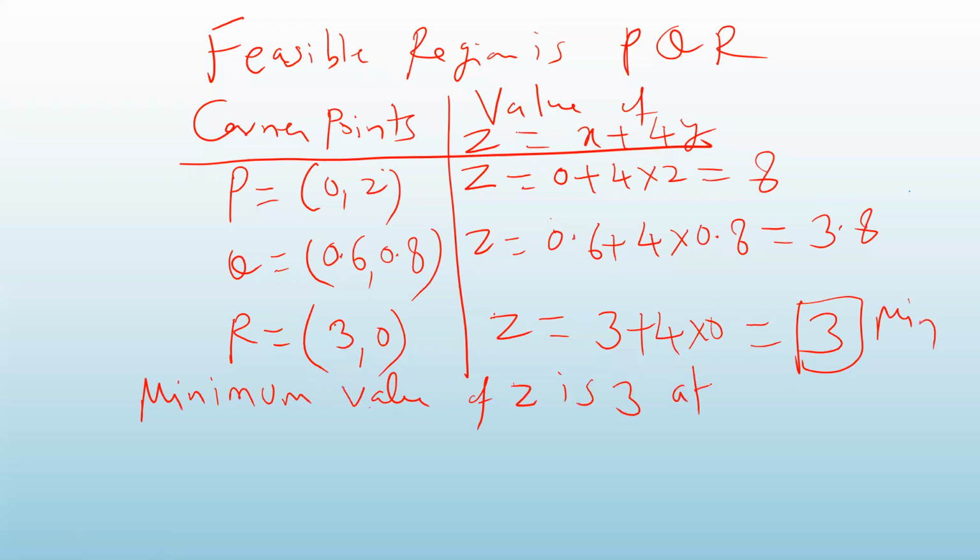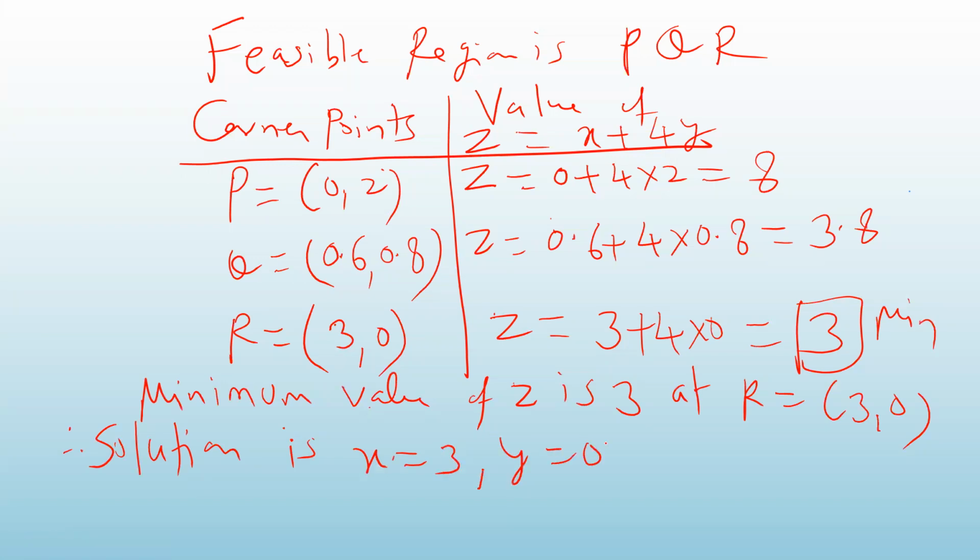And it is at which point? At point R, (3, 0). What is the solution of this linear programming problem? Therefore, the solution is x equal to 3, y equal to 0, and the minimum value of Z is equal to 3.